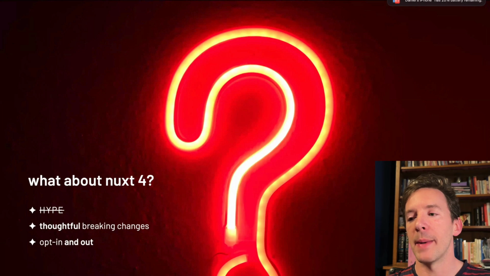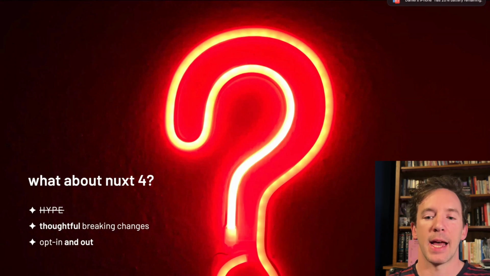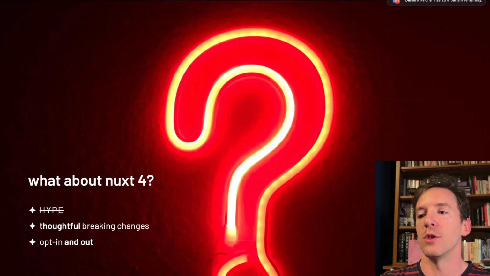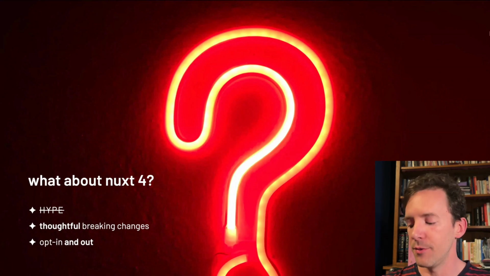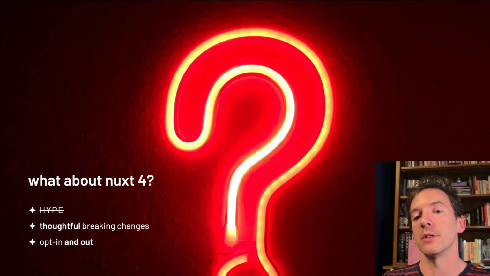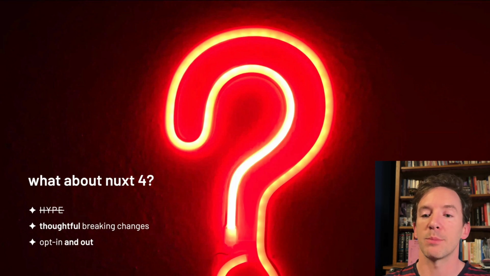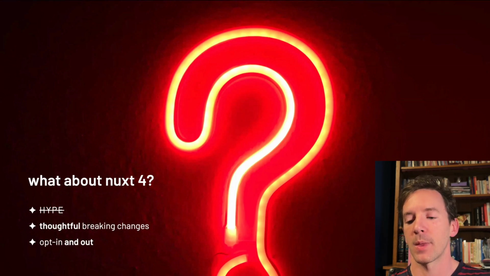We also want Nuxt 4 to be about opting in and out of features. So you shouldn't have to use every feature of Nuxt 4. You should be able to opt back into previous behavior of Nuxt, and that should still continue to work for you.